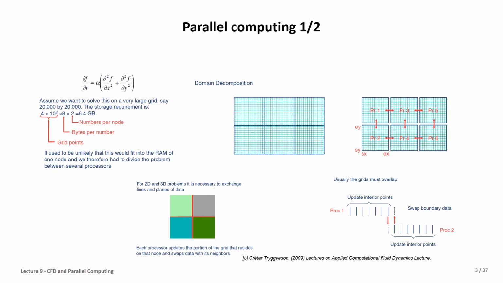Usually this would not fit in the RAM of one node, and therefore we have to divide the problem between several processors. This is just an example which presents the visualization of how we decompose the domain of the problem for parallel computing.